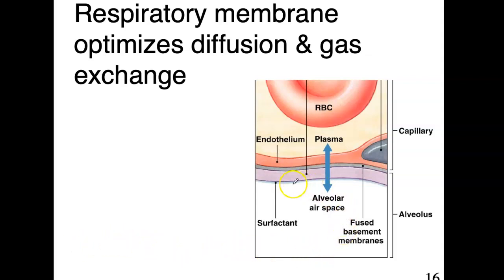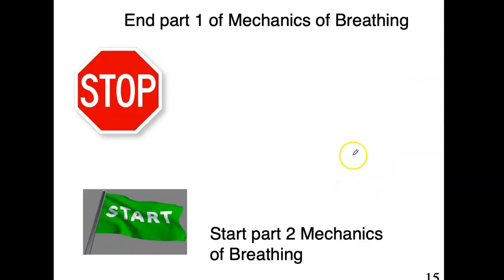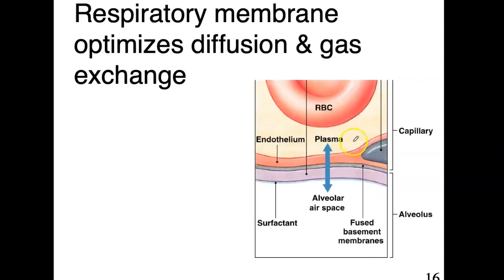If this is the inside of the alveolus, and this is the border of the alveolus, this is where those simple cells are, that tissue, and then I'm going to have the capillary just above this with its red blood cell inside.